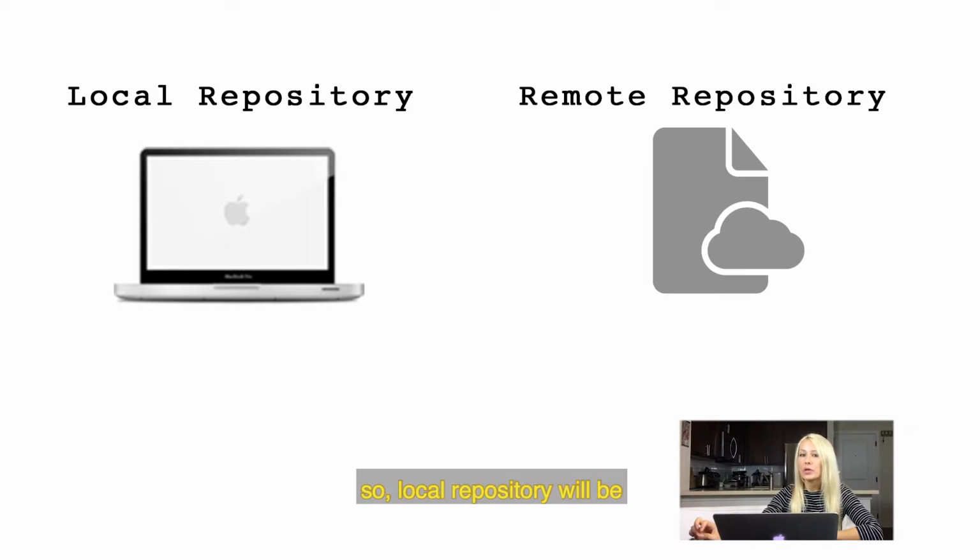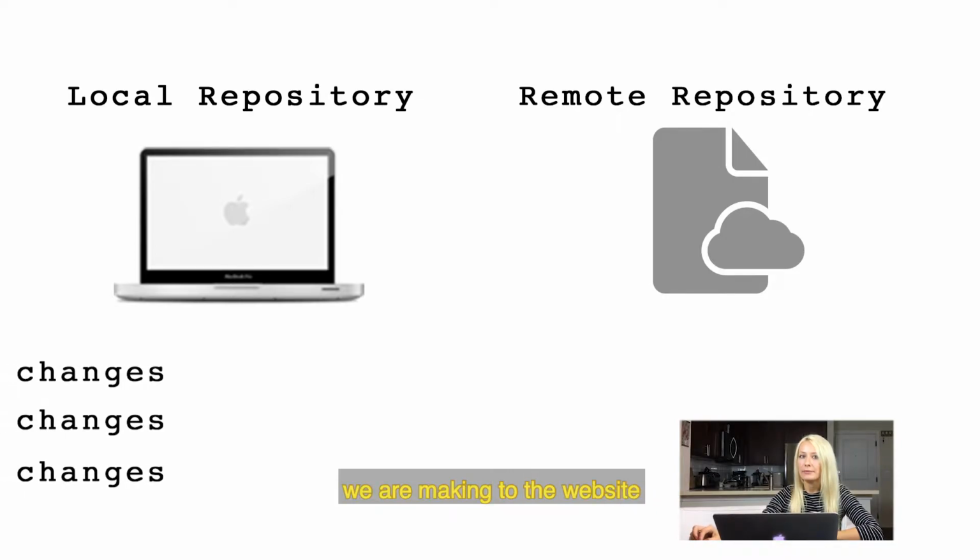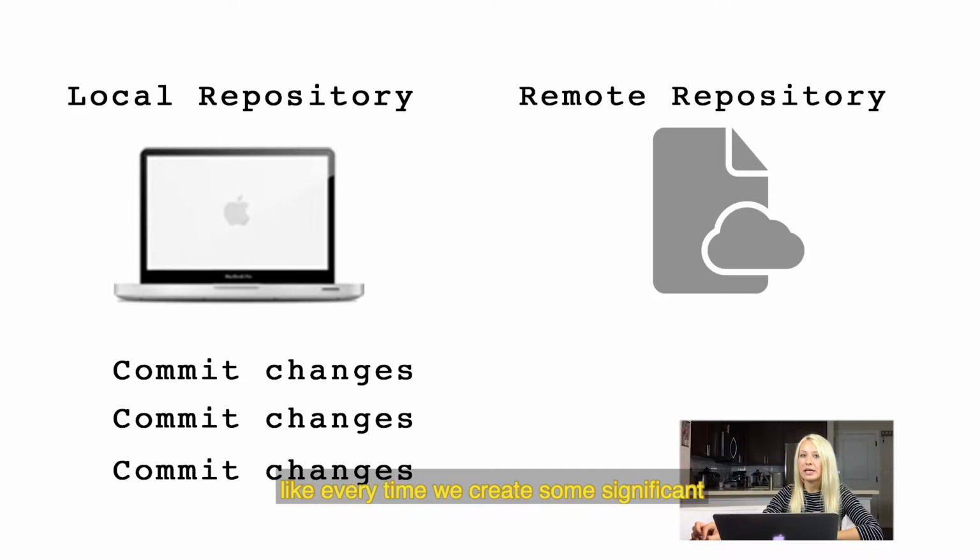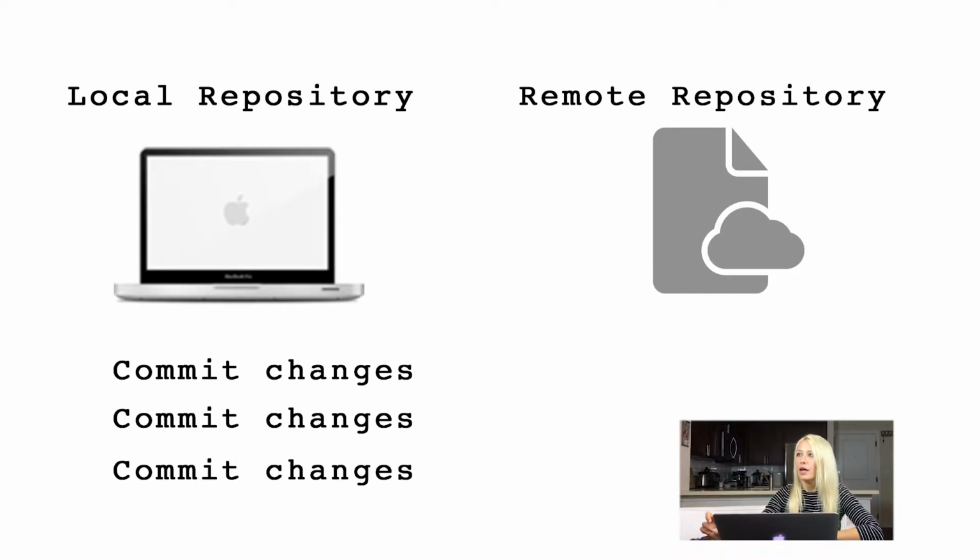So the local repository will be a Git repository on our local machine, and it will track all the changes we are making to the website. Every time we create some significant feature, a significant piece of code, we commit it and write a message that we did this or that.